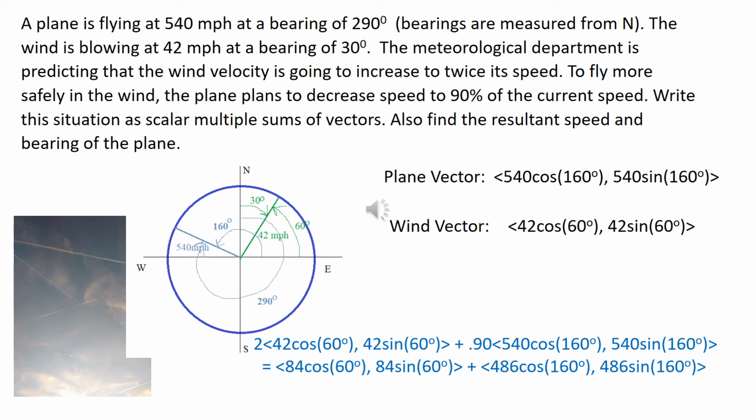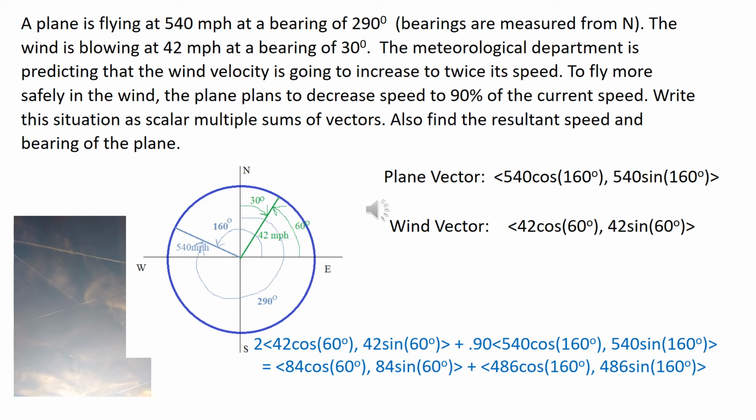So the components of the plane's vector are 540 miles per hour times cosine of 160 degrees for the x component, and then 540 times sine of 160 degrees for the y component. The wind had a bearing of 30 degrees. That's coterminal with a 60-degree angle. So the wind's components are 42 times cosine of 60 for x and 42 times sine of 60 for y.